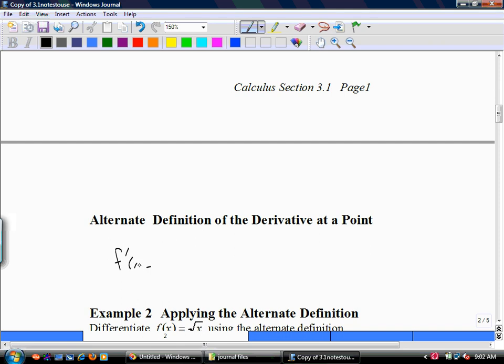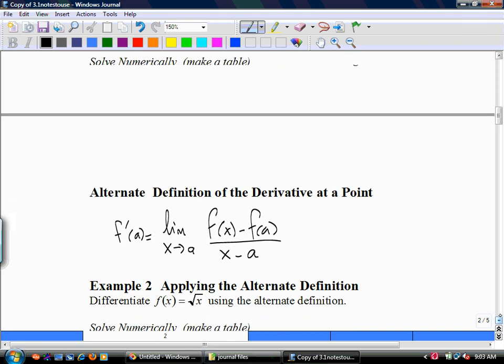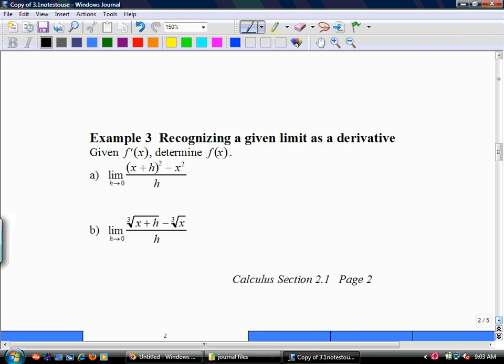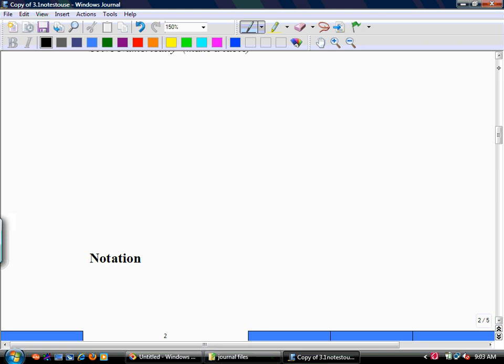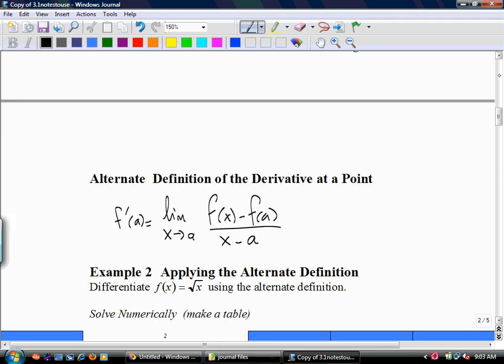F prime of a equals the limit as x approaches a of f of x minus f of a all over x minus a. You know what, I don't want to. Anyways. I'm not a big fan of it because it doesn't really do much for me. Okay.